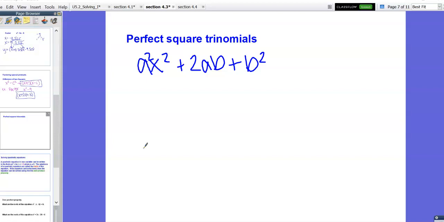So for an example, x squared plus 16x plus 64.